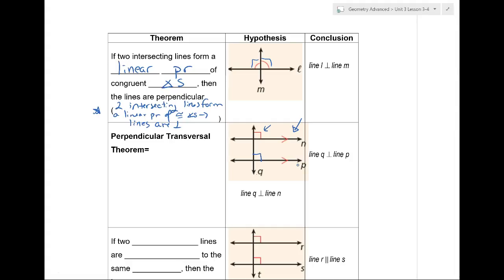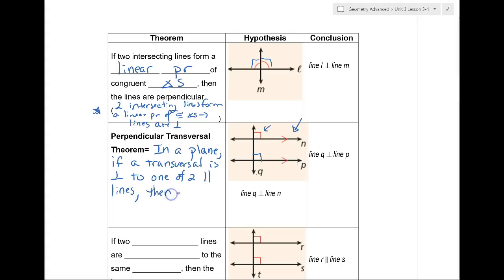For us, we're like, oh yeah, that naturally flows. We didn't write a formal proof for it, but you can see how it works. But here's the actual formal theorem for this, and this is huge. First of all, it has to be in a plane. These have to be coplanar lines or this will not work. If a transversal is perpendicular to one of two parallel lines, then it is perpendicular to the other line.